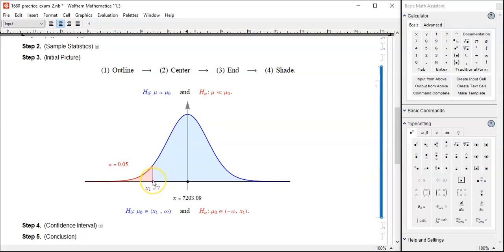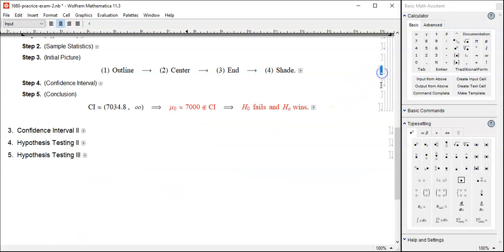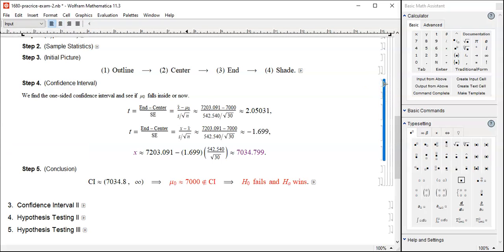The 95% one-sided confidence interval is this blue region, where the null hypothesis wins, because the null is going to be very close to the observed value. If 7,000 falls into this red region, then the alternative wins because it's far away from 7,203.